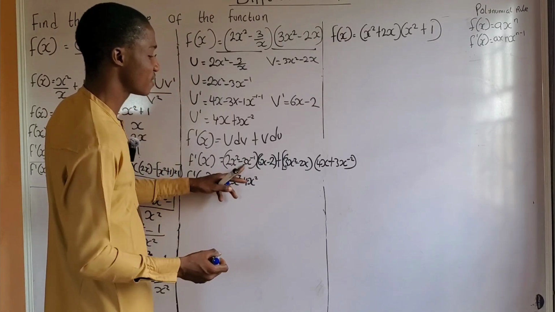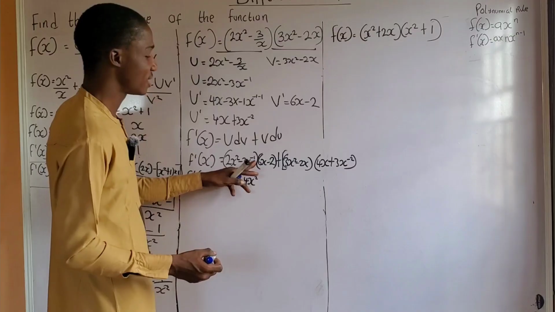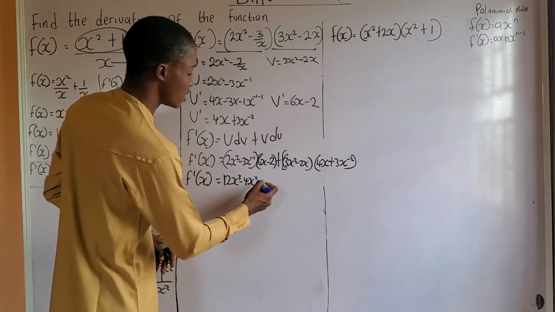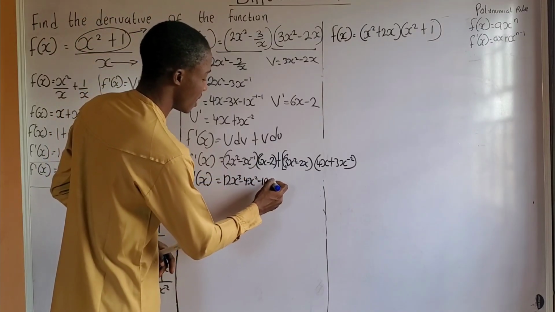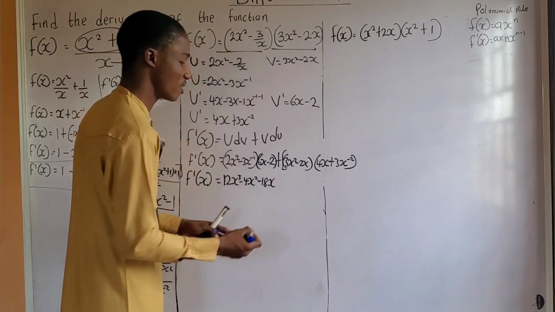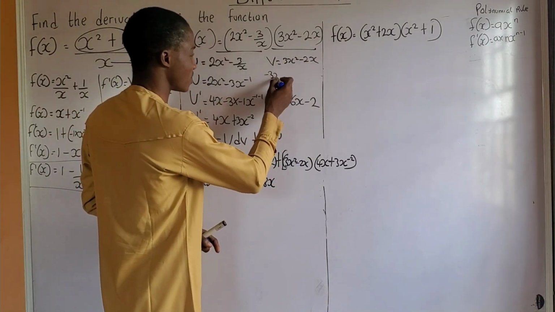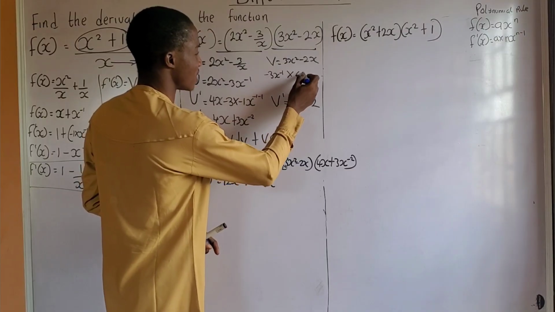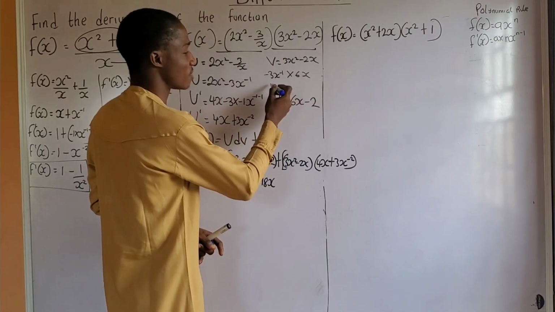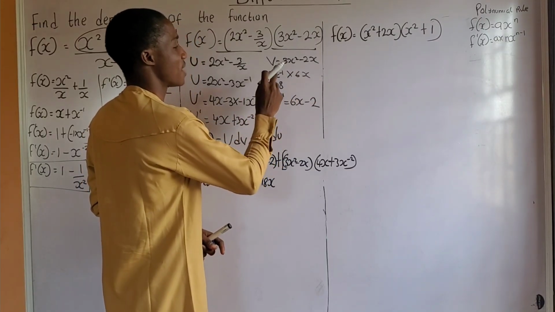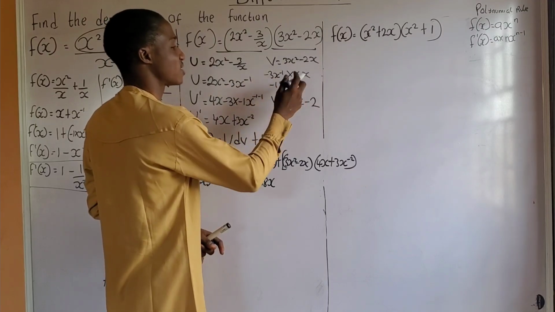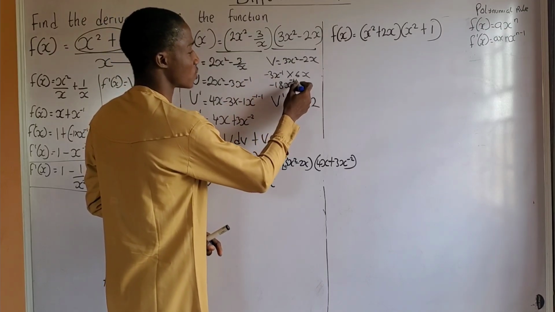Okay? Negative 3x raised to the power of negative 1 times 6x, that is what? Minus 18x raised to the power of 0. Are you getting it? Because according to the law of indices, if you are multiplying negative 3x raised to the power minus 1 times 6x, negative 3 times 6, that is minus 18, right? Now, x raised to the power of negative 1 times x, that will be x raised to the power of minus 1 plus 1, right?